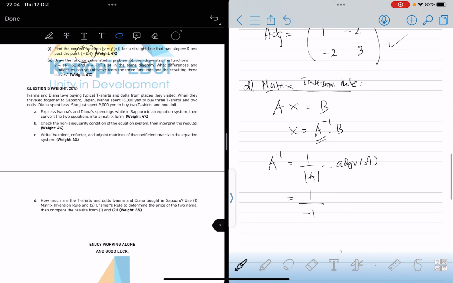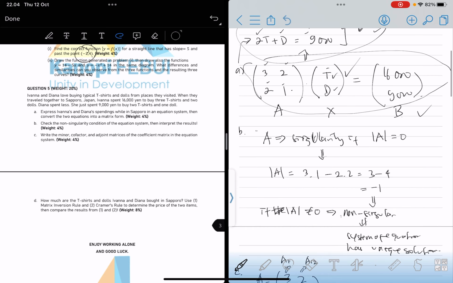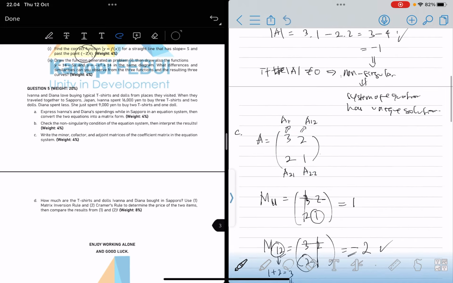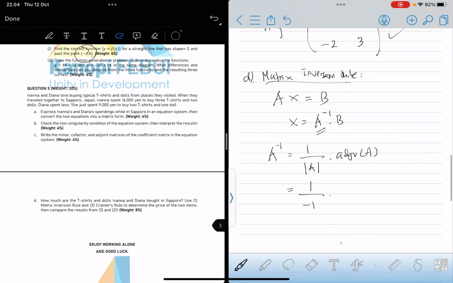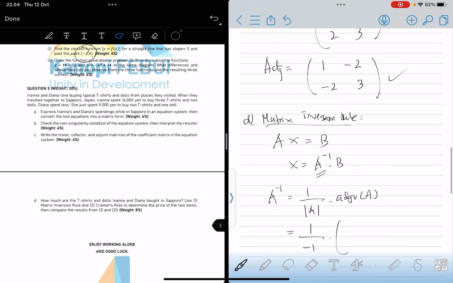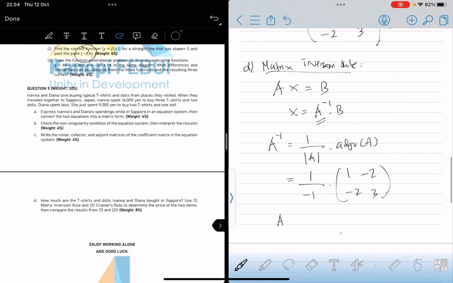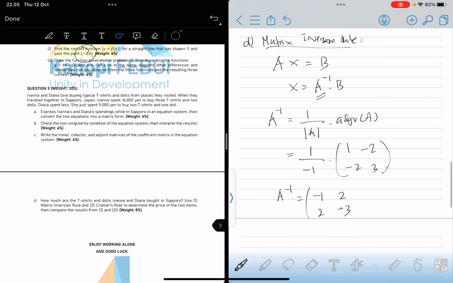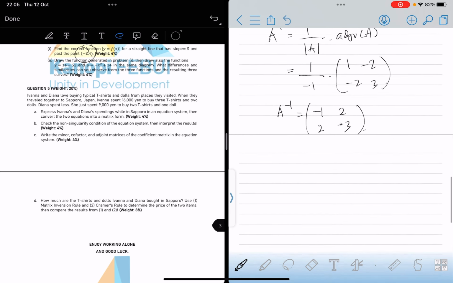You know that before in here, minus 1. So adjoint A is 1, minus 2, minus 2, 3. So A inverse is minus 1, 2, 2, and minus 3. Okay, this one is A inverse.